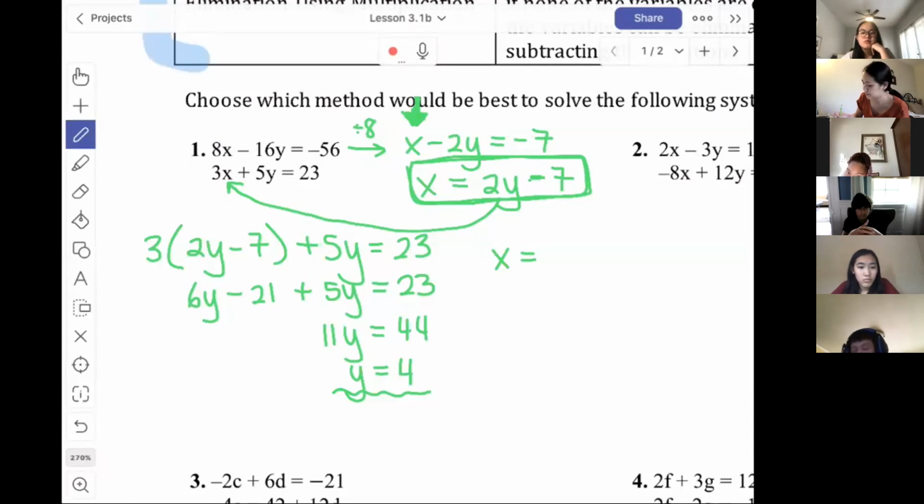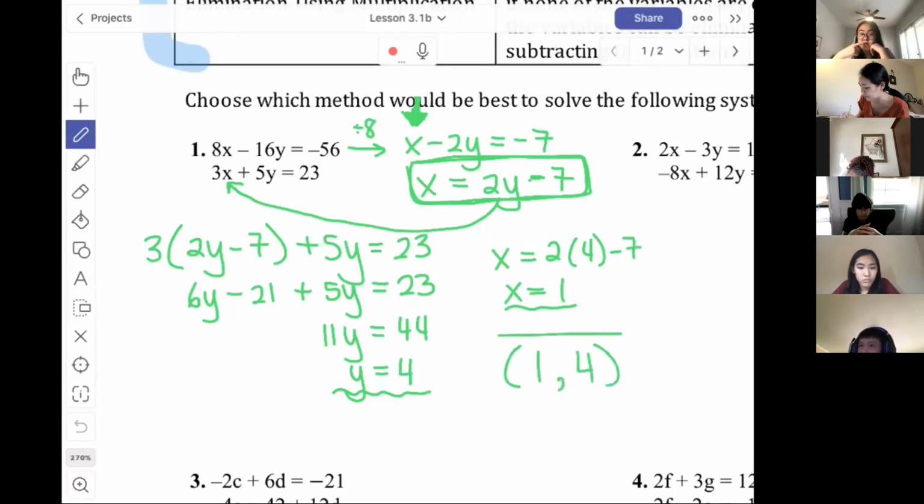So it's 2 times 4 minus 7, and that gives you your x. Good. So x is equal to 1. All right. So final answer, we want to put this into coordinates. So we have 1, comma, 4. Okay. All right. There it is.